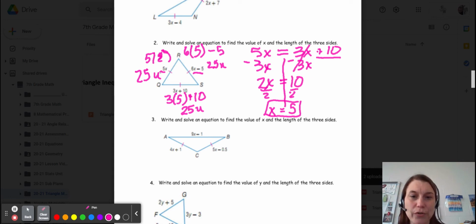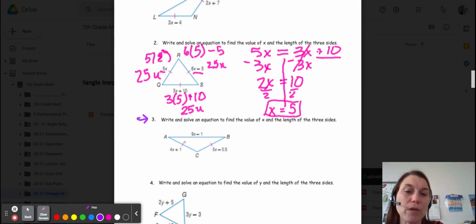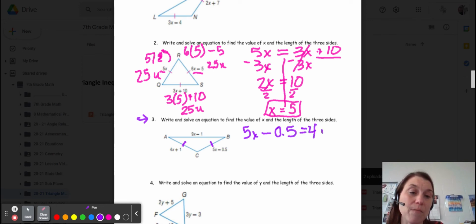So in the last 2 that you're going to try, what I want to point out about number 3 is you can only use these 2 sides here to write your equation. So your equation is kind of already set. You have to use 5x minus 0.5 because that side equals 4x plus 1.